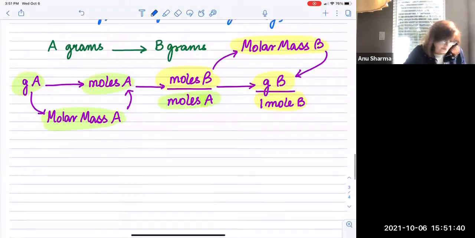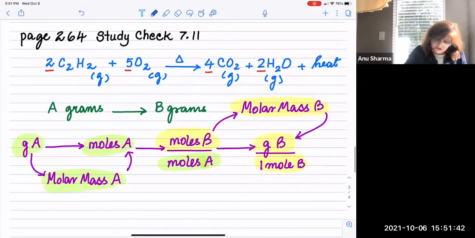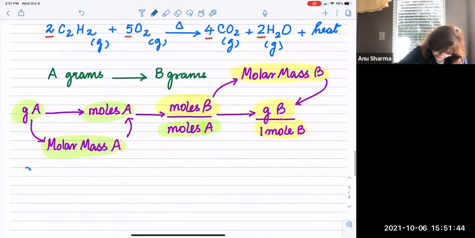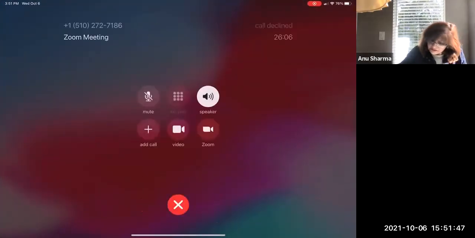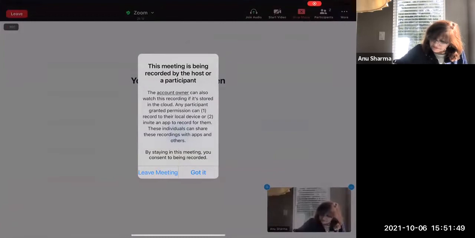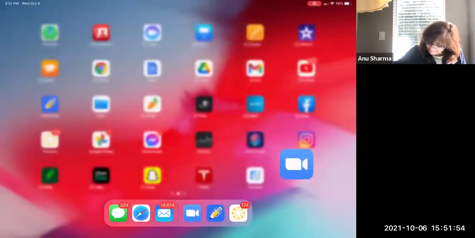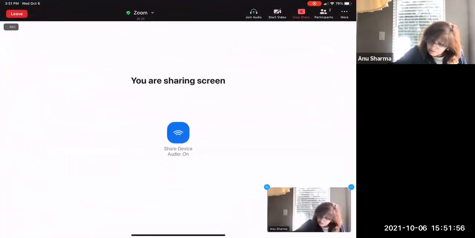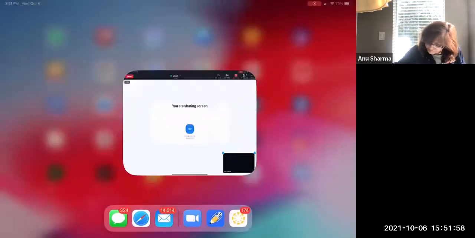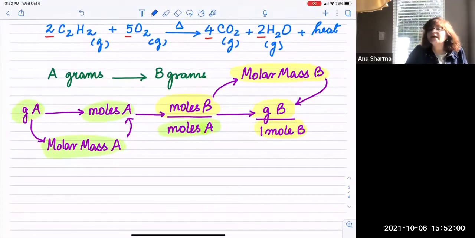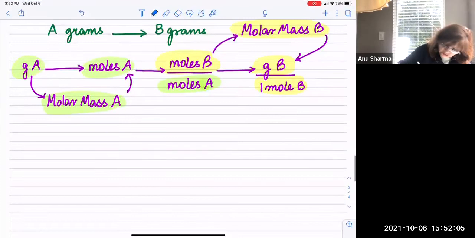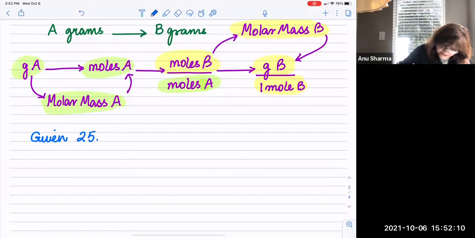Okay, so now let's look at this problem. Using this equation, you are given 25.0 grams of oxygen.